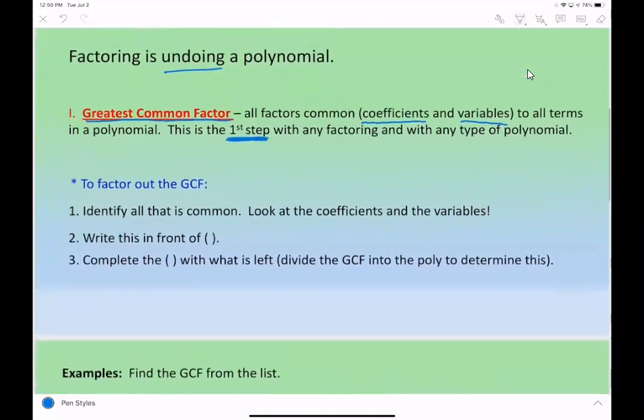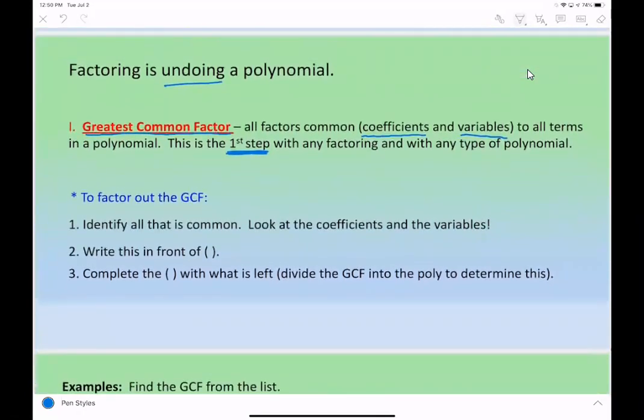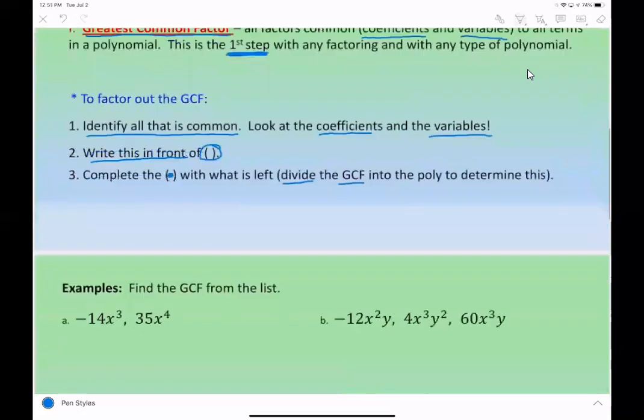We'll look at the coefficients first, and then the variables. When we determine the GCF, we write it in front of the parentheses, and then we complete the inside by dividing by the GCF.